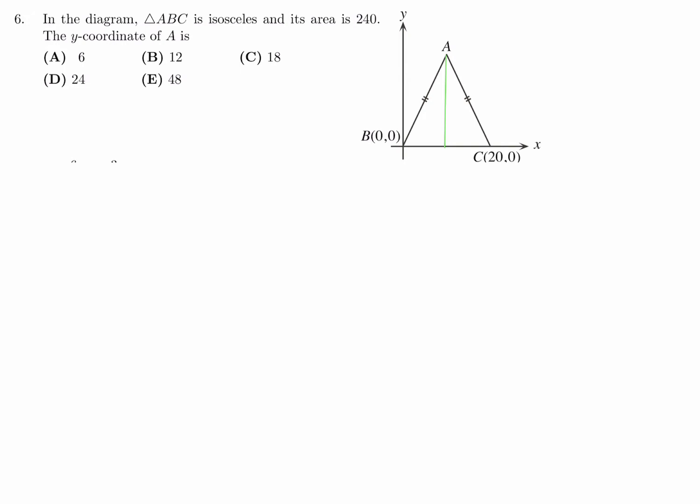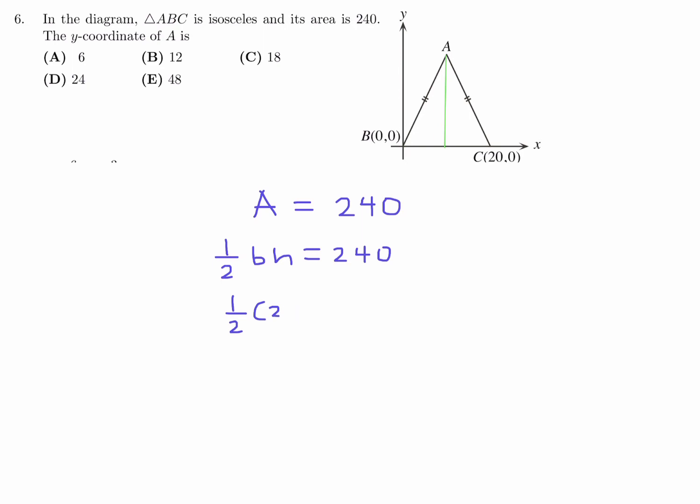Now, I don't know if that's important for us, but I just wanted to mention that. So now the area of that triangle ABC, they tell you, is 240. Now, how do you figure out the area of a triangle? Well, 1/2 base times height, as always. And the base in this case is from here to here. And what is that distance? Well, it's the x-coordinate of C, 20.